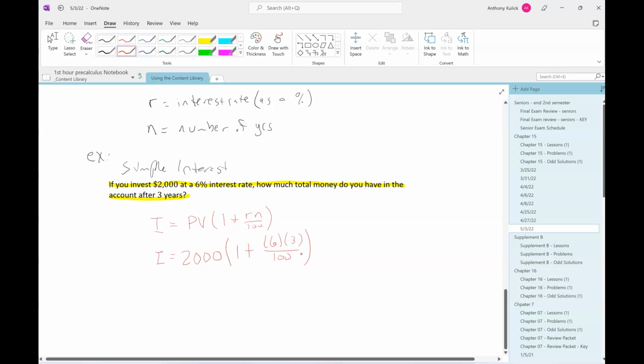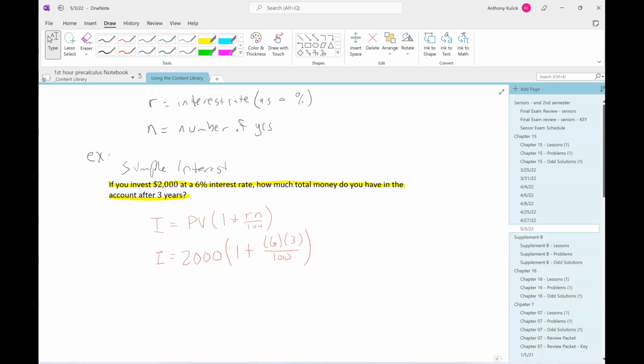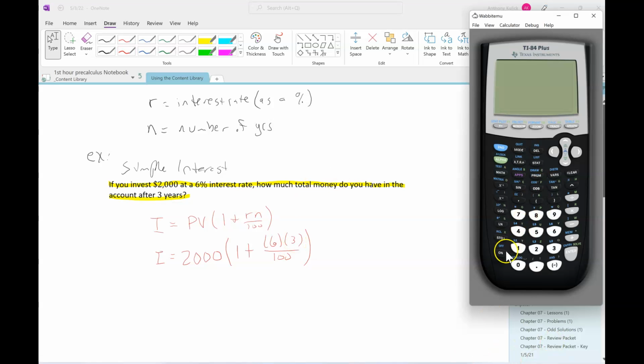So when I grind that through my calculator, I get 360. Let's just do it real quick.